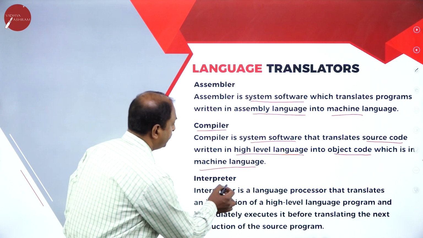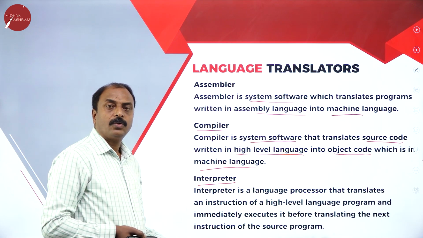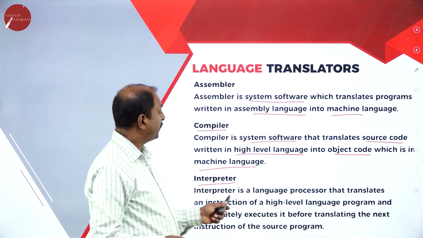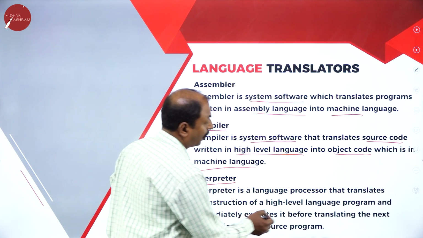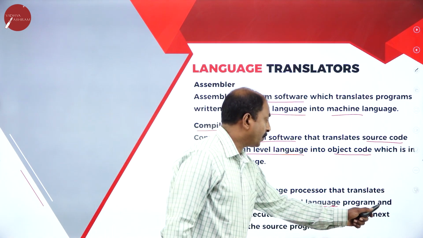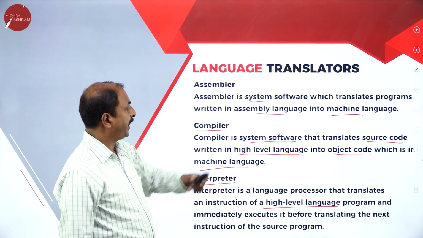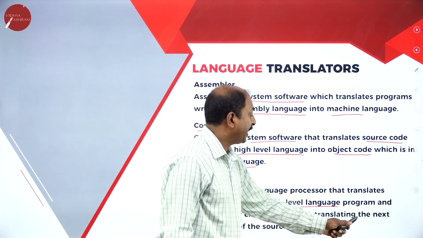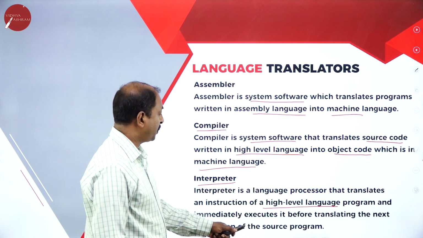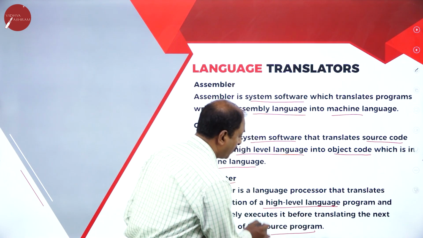Now the next one is the interpreter. What is an interpreter? An interpreter is a language processor that translates the instructions of a high-level language program into machine-level language and immediately executes it before translating the next instruction of the source program.